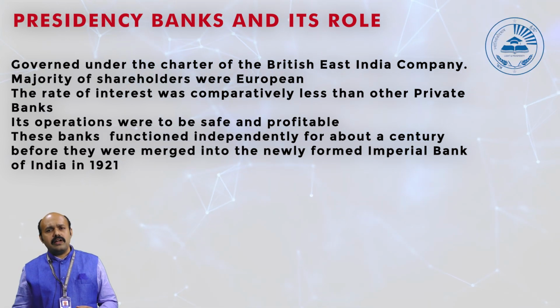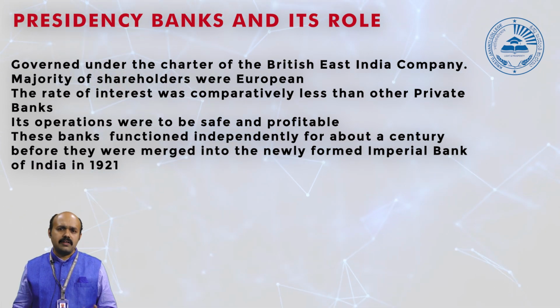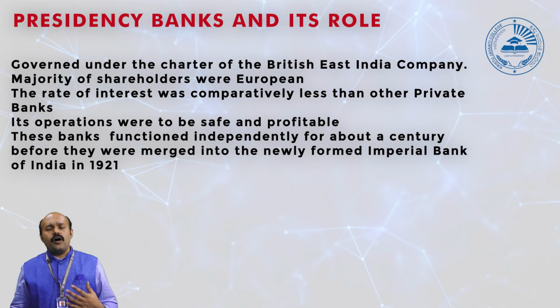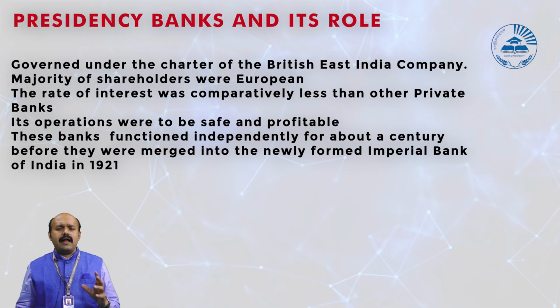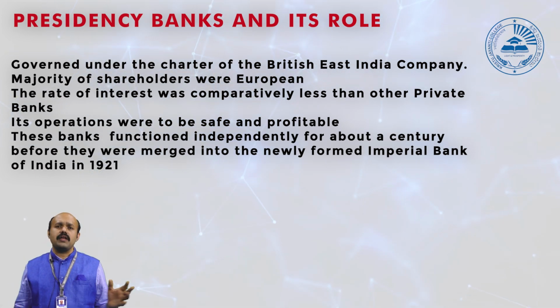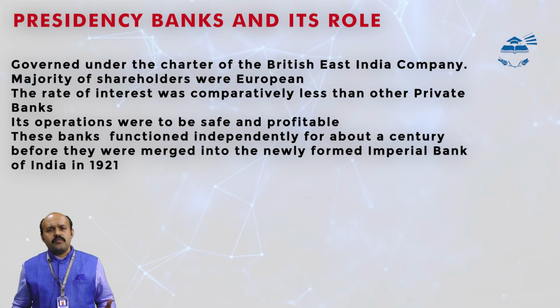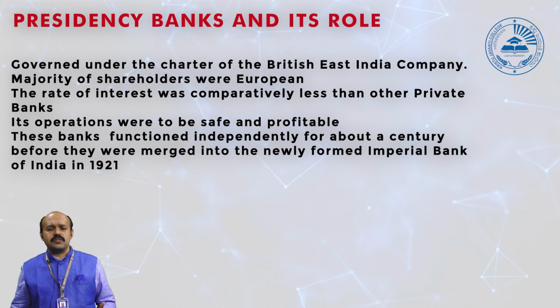And also the rate of interest was comparatively less when compared with other private banks. The logic might be to fund or to expand the trade. The interest rates were kept very low, and its operations were supposed to be safe and profitable. Because there was thriving business, there was huge demand for spices, for steel, for other things, for which India is known as it has got natural resources.